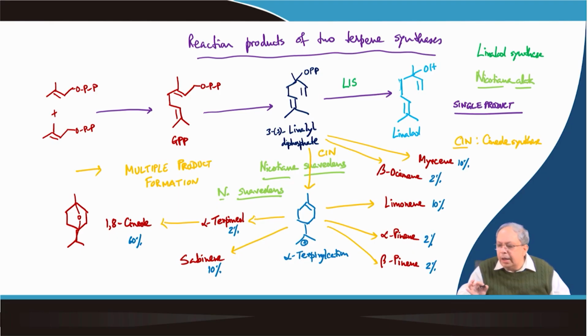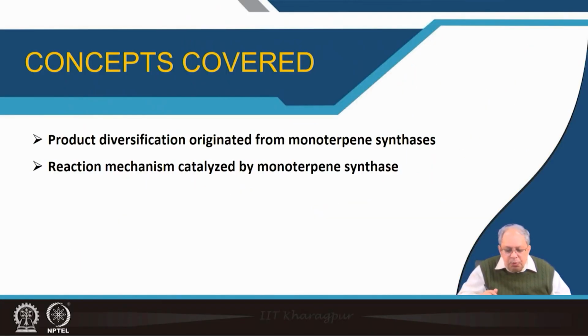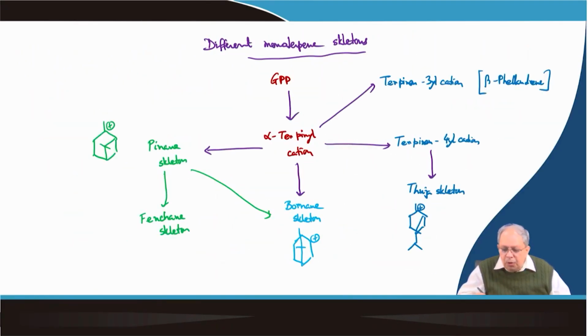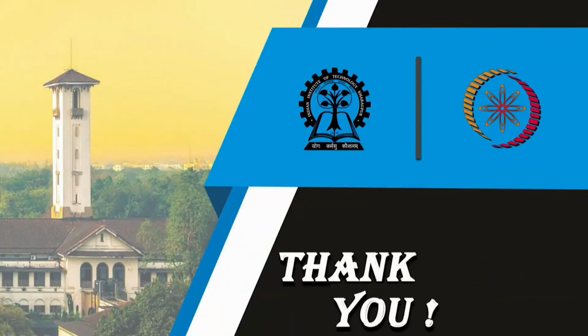Here I have given you the example of Nicotiana alata, where a single product is formed by a monoterpene synthase, specifically called linalool synthase, and the other one is another monoterpene synthase from Nicotiana suaveolens, which catalyzed 8 products. It was named cineol synthase, because cineol was the main product. So that is the beauty of monoterpene synthase. So, product diversification originating from monoterpene synthases I have covered, and the reaction mechanism catalyzed by monoterpene synthase also I have covered. So with this I end this class.